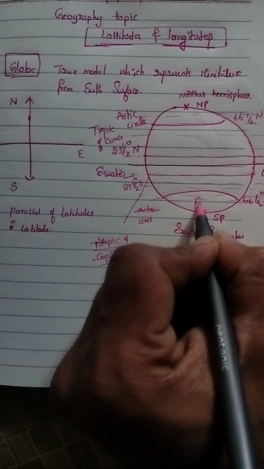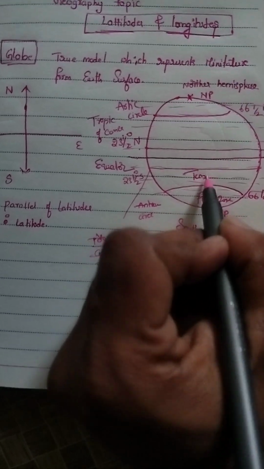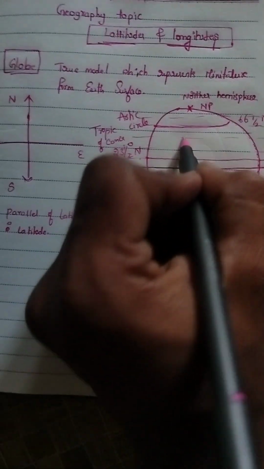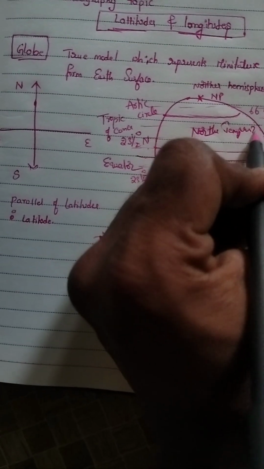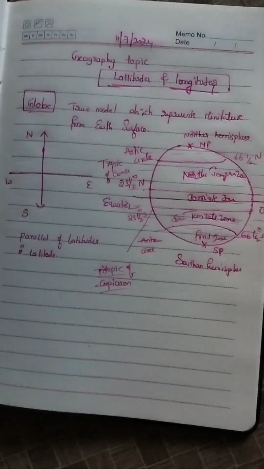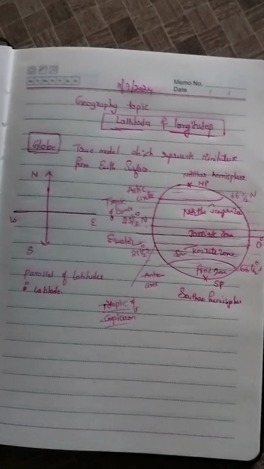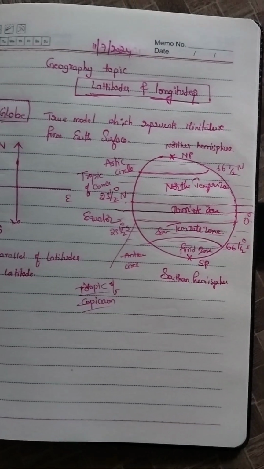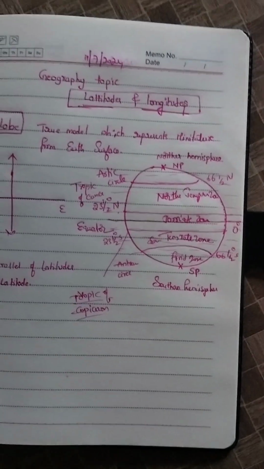This is the frozen zone. This is the temperate zone, the southern temperate zone, the northern temperate zone, and the torrid zone. About these heat zones, I will tell in the next class. Today we will just identify the Arctic Circle, that is 66 and a half degrees north, and 66 and a half degrees south, that is Antarctica towards the South Pole.